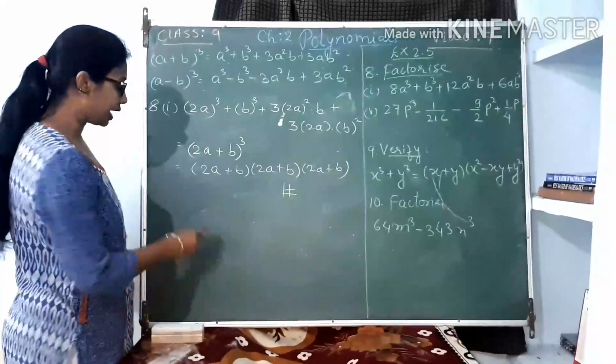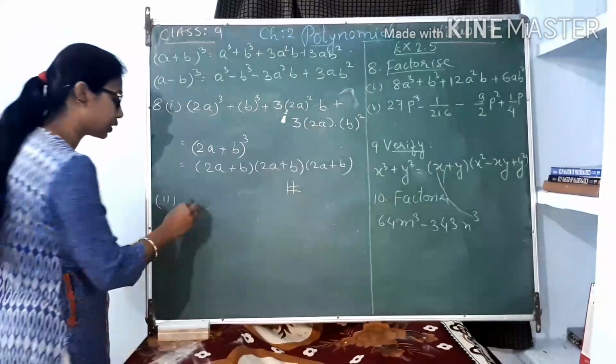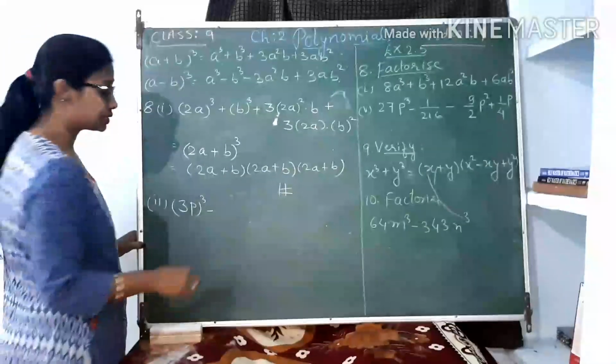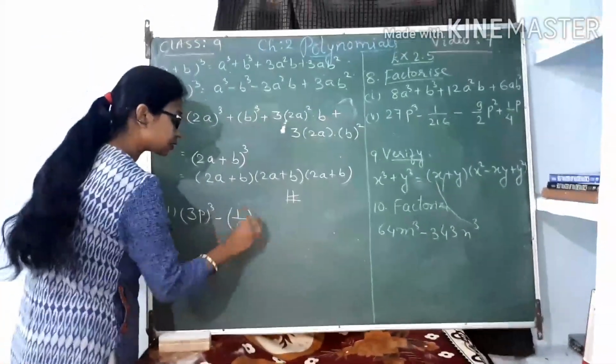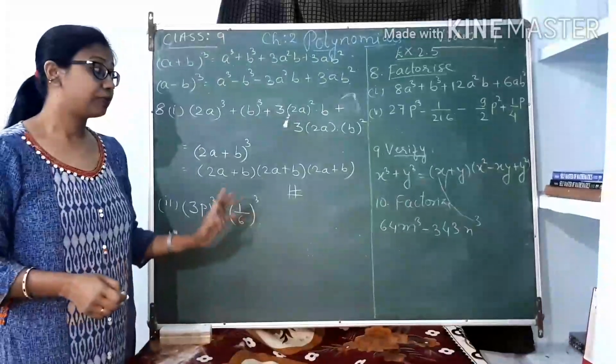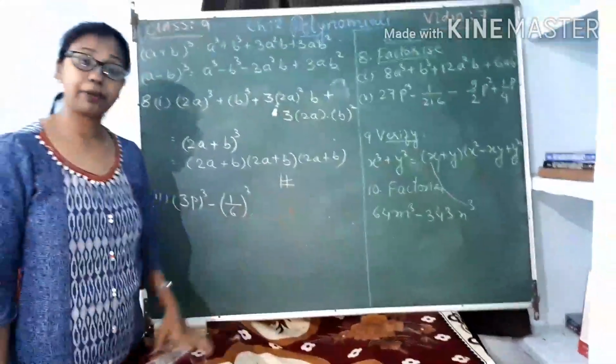Now in the same way, the second part of 8. 27p cube is the cube of 3p, and we can write 1 by 216 as (1 by 6) whole cube. You must learn the cubes up to 15. You must learn the cubes of all natural numbers up to 15.